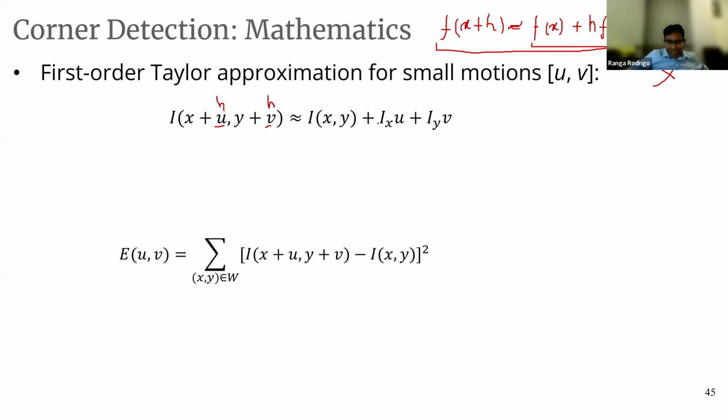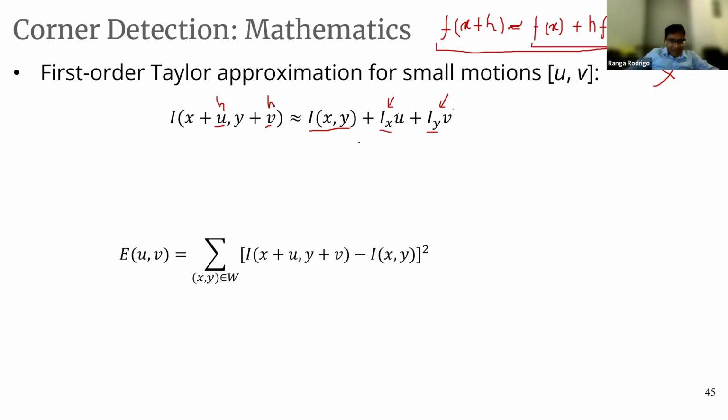Therefore, when you write I(x,y), you have to write Ix, partial derivative in x direction, Iy, partial derivative in y direction, and multiply the respective variable. So this is the first order Taylor approximation of this image's value at x plus u and y plus v in terms of its value at x and y. These are the gradients. So you can see why we studied gradients that much. Gradient is required everywhere.